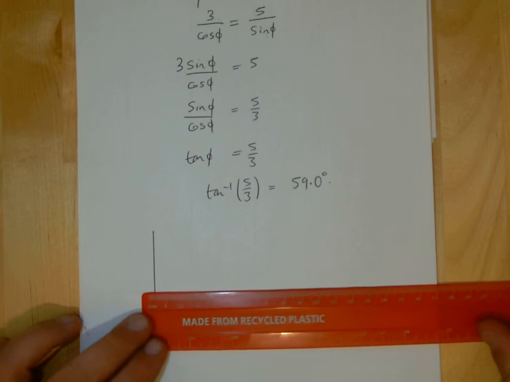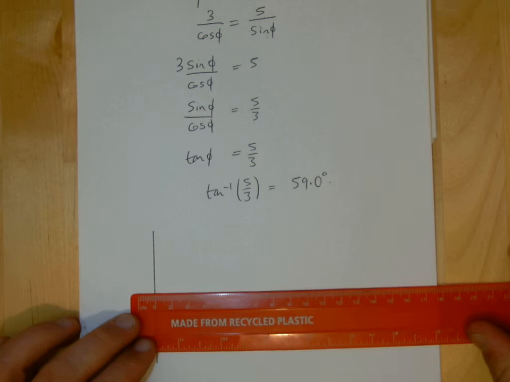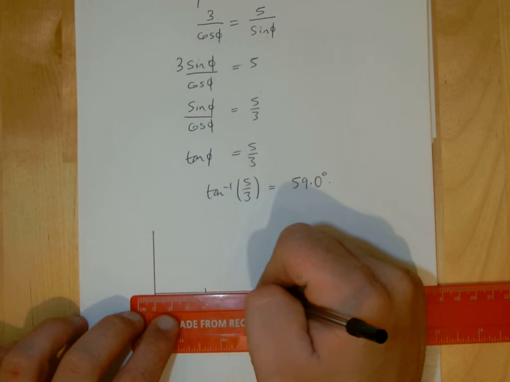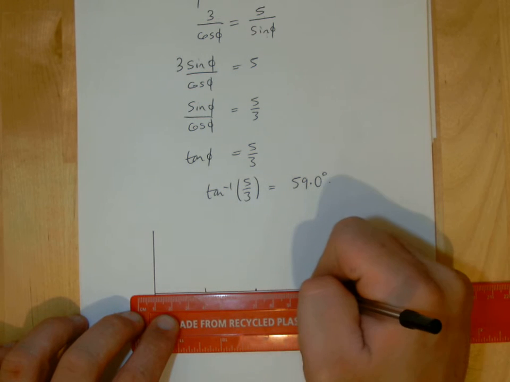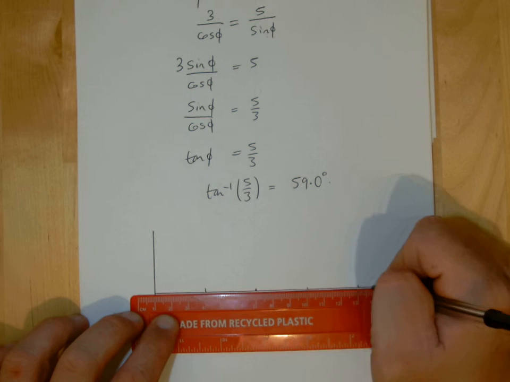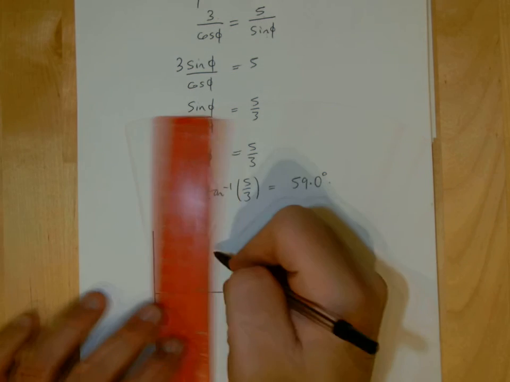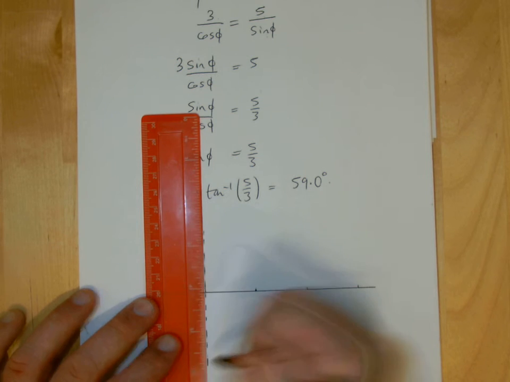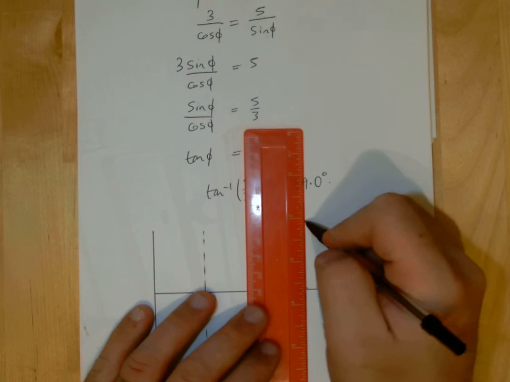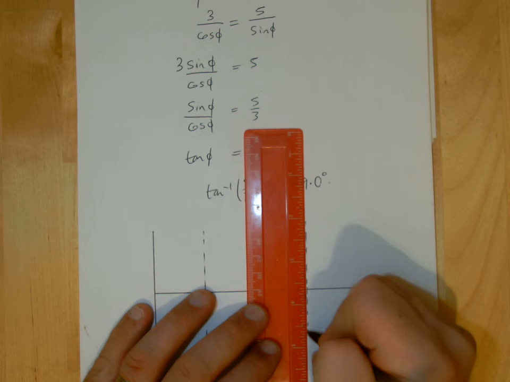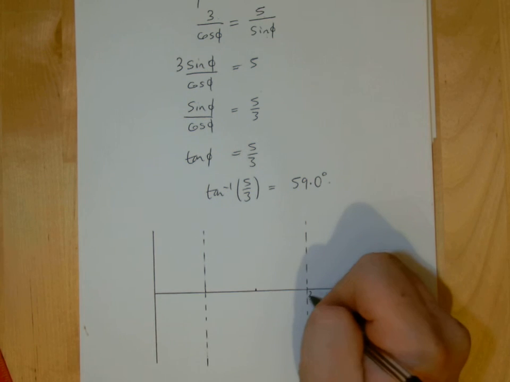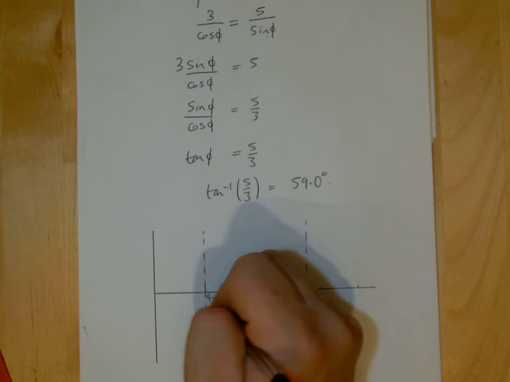So what I'll do then is, when I draw my axes, mark out every 3 centimeters to be 90 degrees. Asymptote then at 90 degrees, and at 270. You can check on your calculator, because you can type in tan 90, you can type in tan 270, and it'll say math error.